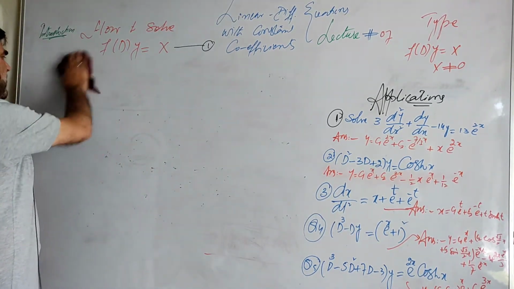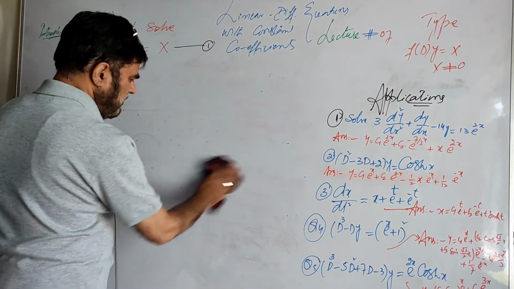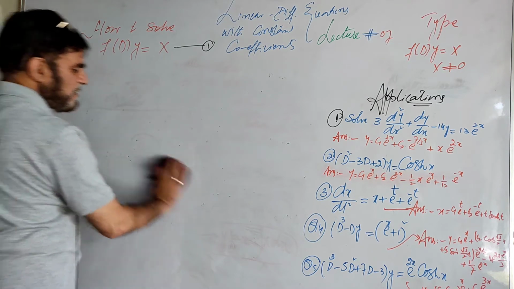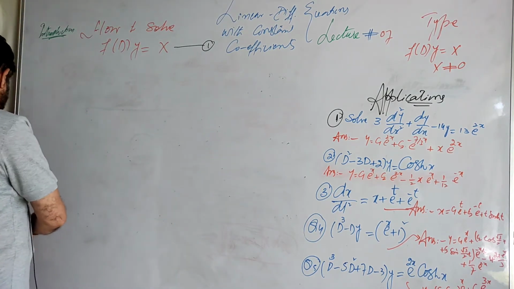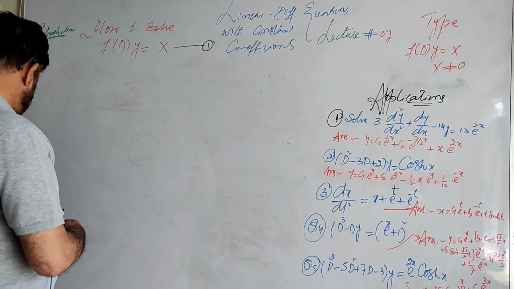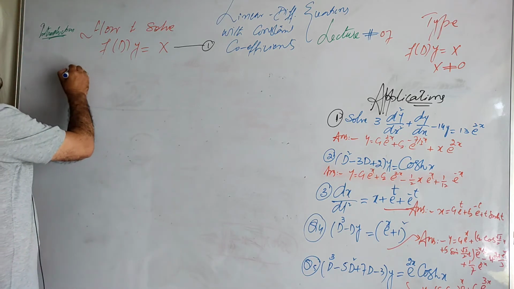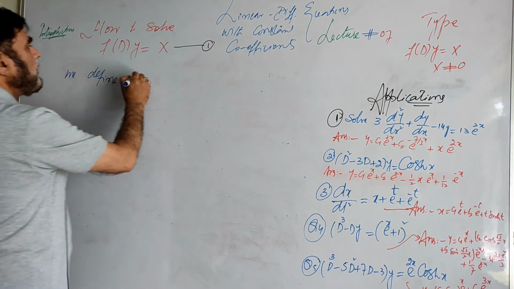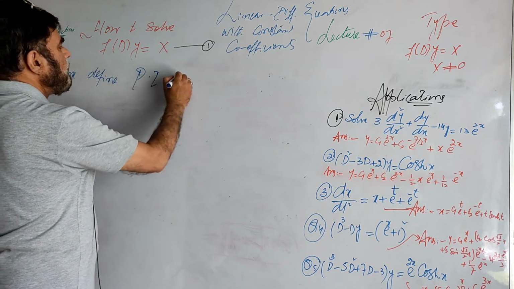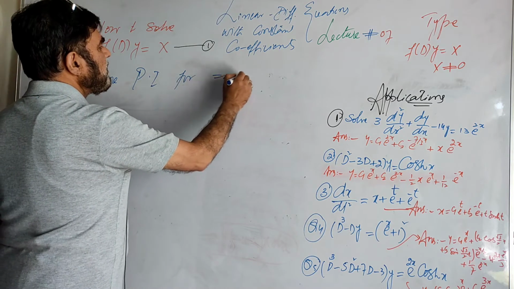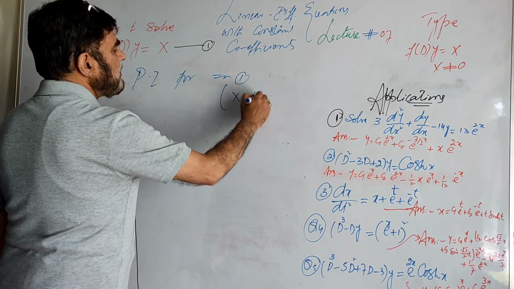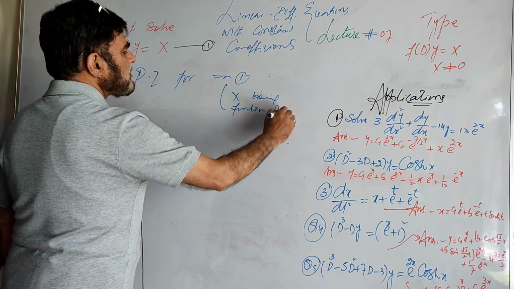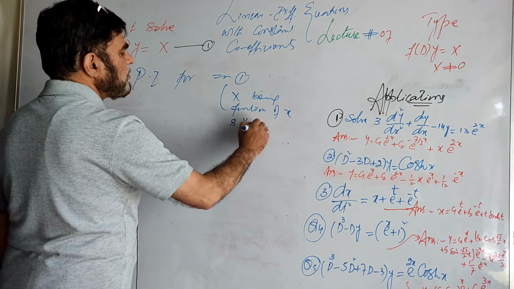Now we can even prove within a few lines the particular integral for this function, because we are actually discussing how to find the particular integral. Thus we now define the particular integral for equation number 1, X being some function of x and X is not 0.